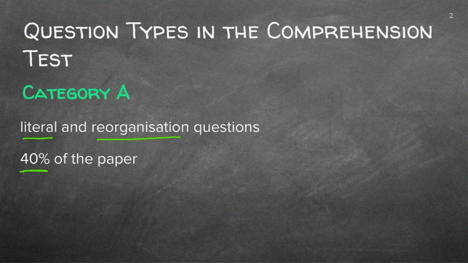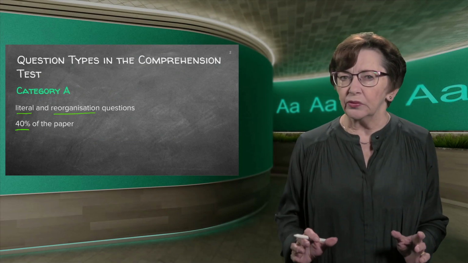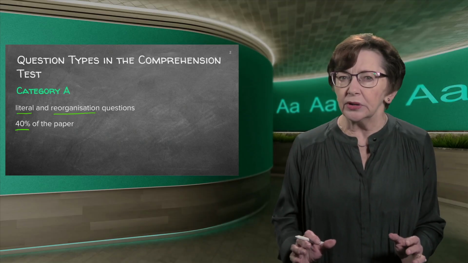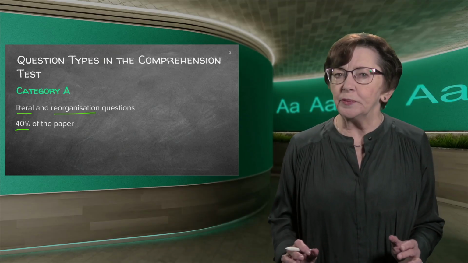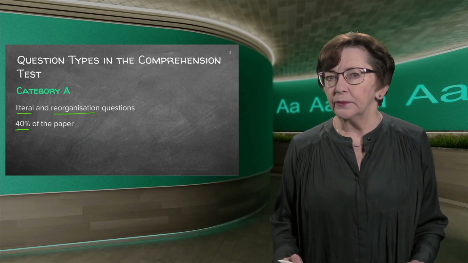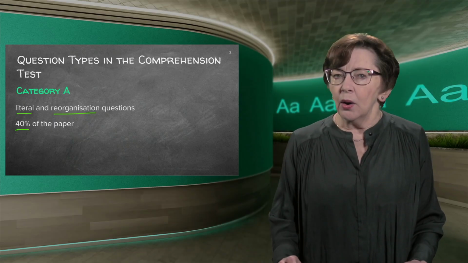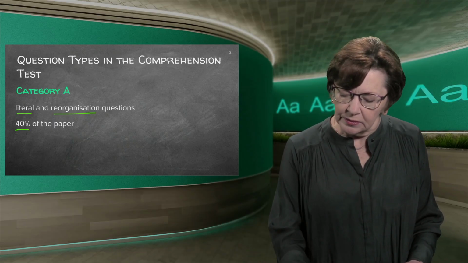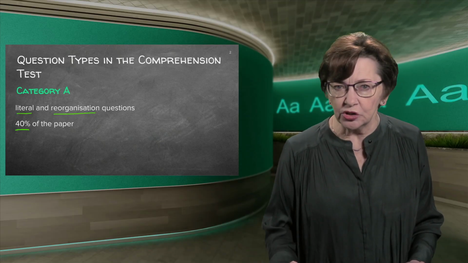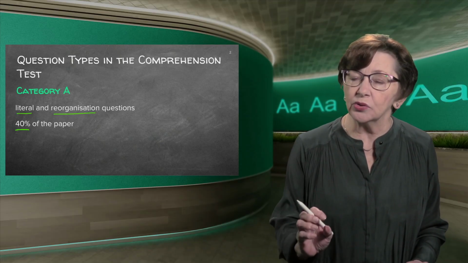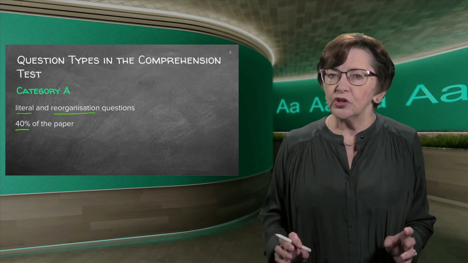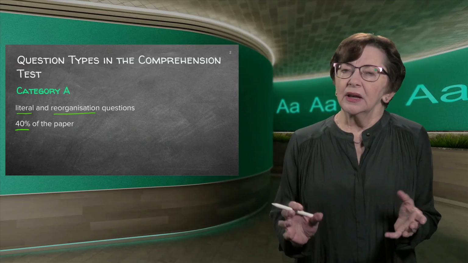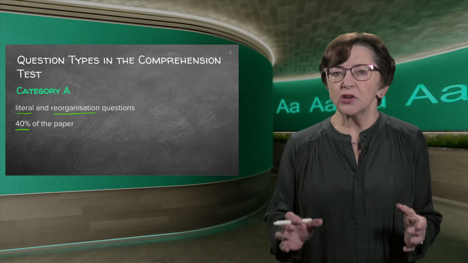In other words, if you can conquer these questions in your paper and you can answer them properly and well, you can get 40% in the exam. Why we call them literal and reorganization questions, and why we call them category A, is because they require of you just to recognize certain information in the text.